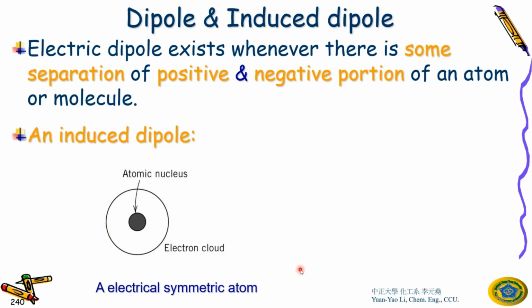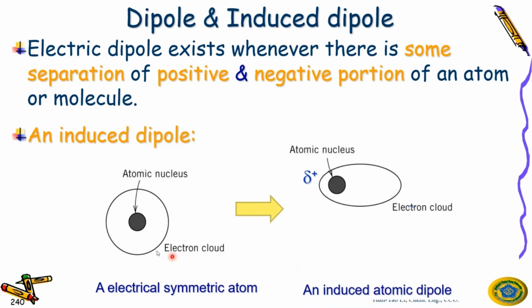However, if you apply some kind of force to this atom, the electrons don't distribute symmetrically. Electrons move here more. So we call it delta minus and delta plus. That means we have a dipole.